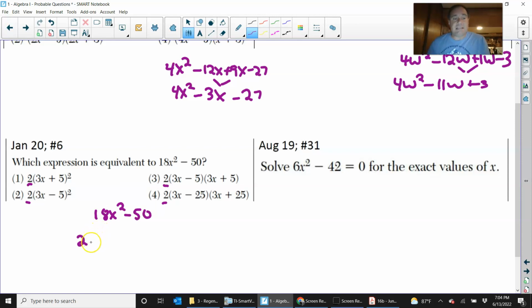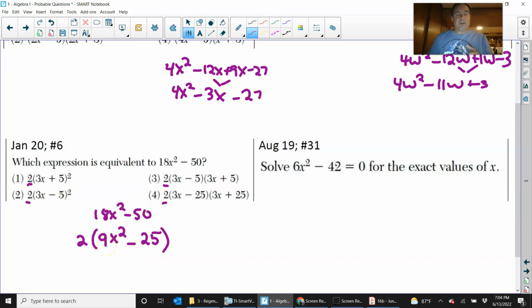2 goes into 18 9 times. So I'm going to factor that out. 2 times 9 is 18, and then the x squared stays in there. 2 goes into 50 how many times? 25. I do not know what this is, right?